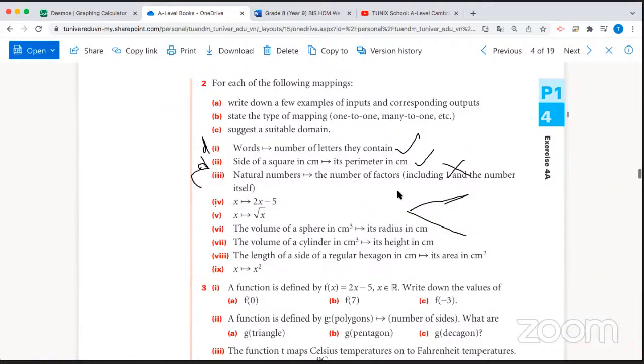Yeah, a set of inputs. What is the domain for 4? What's the suitable domain of number 4?